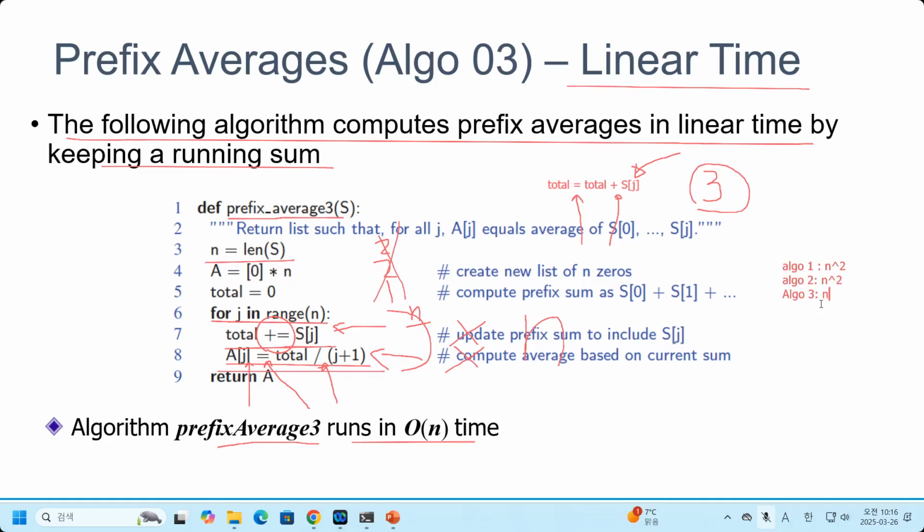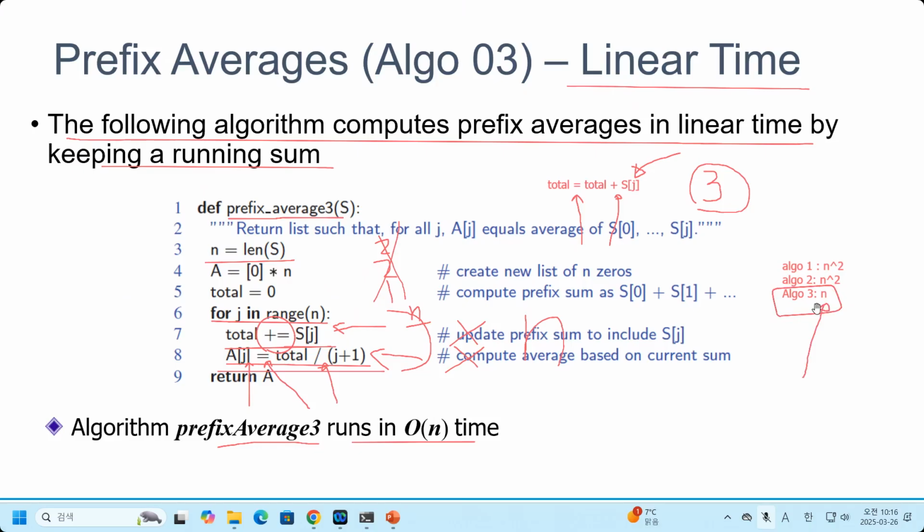Algo 3. Yes, because it has the lowest function, because the complexity is linear. The lower the function, the better.